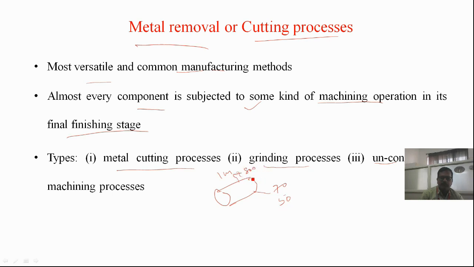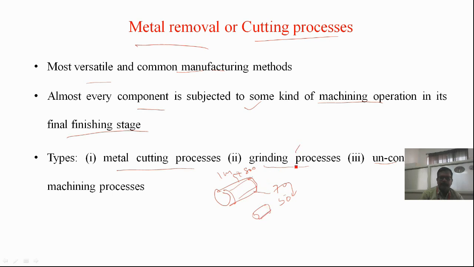Then we need to turn the 70 mm to 50 mm, and the 1 meter, that is 1000 mm, to 800 mm. This way we need to machine to get the final shape of the product.